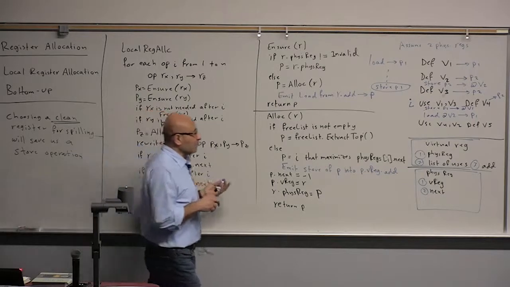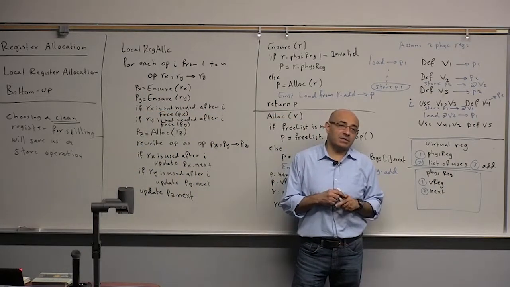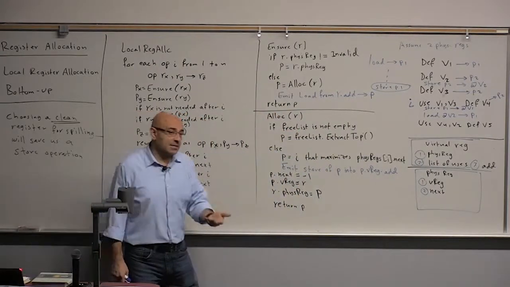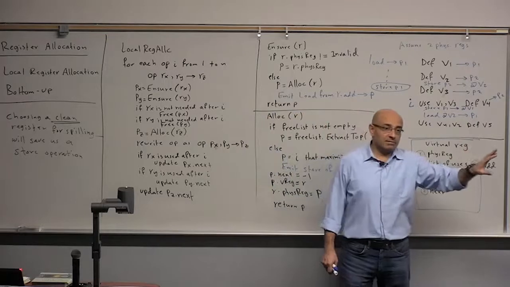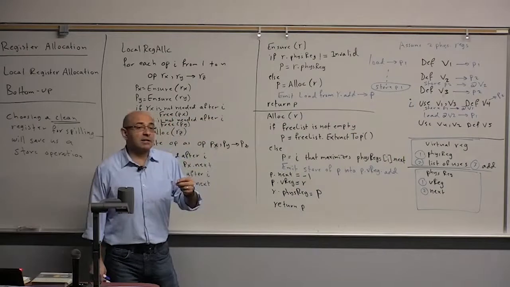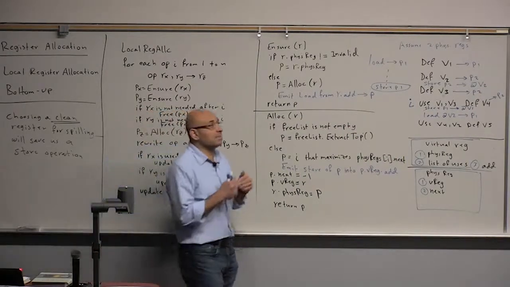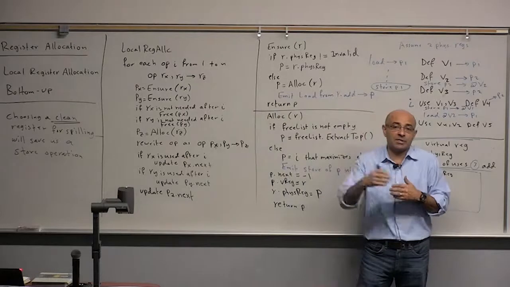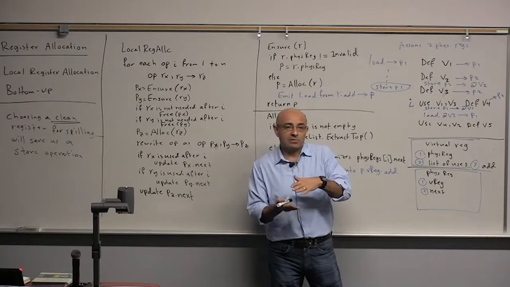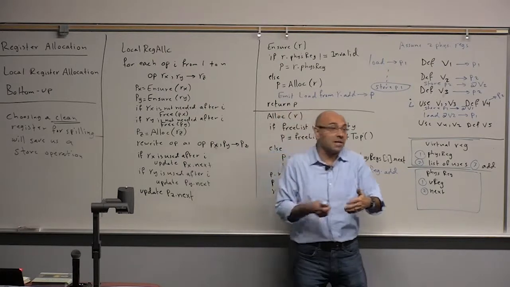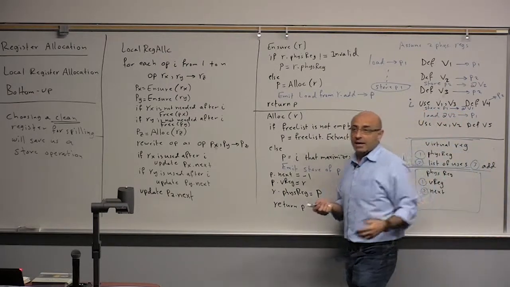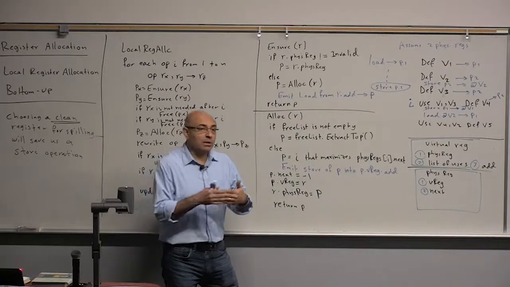So the point that I'm trying to make is that it's not always clear what the right decision is. Whether you should spill a clean register so that you avoid storing it in memory, or you should spill the register that will be used farthest in the future, because spilling that register is equivalent to keeping the register that will be used soon, in the next instructions, and that register may be used multiple times, and by keeping it in a physical register you will get lots of hits.